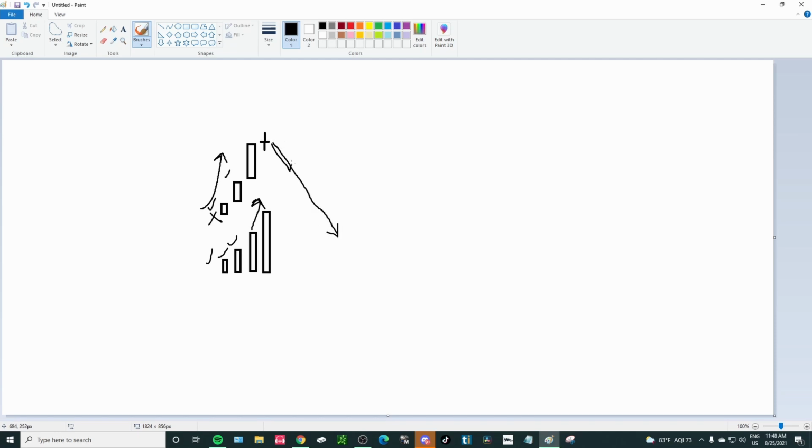This might just be a slight pullback before a continuation. We'll have to see. Again, this is where we want decreasing volume on this pullback and to see it continue higher. But if we have validation of volume and price action to continue lower, then we are going to continue lower. That's why volume price analysis is so important.